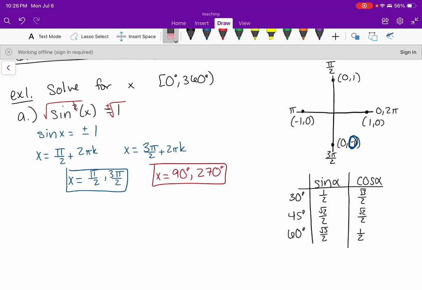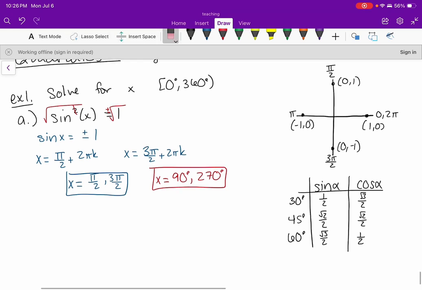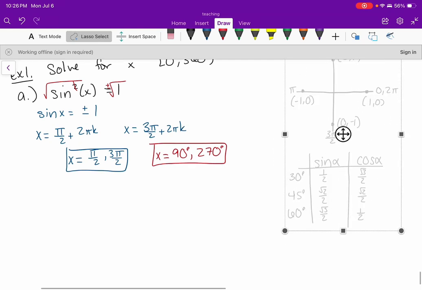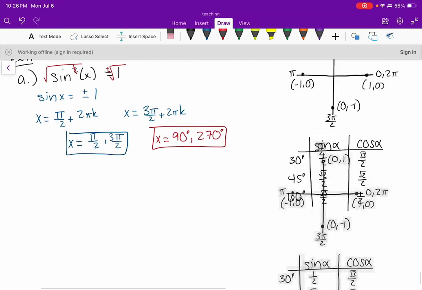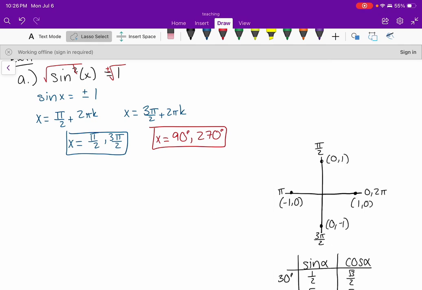Hopefully that wasn't too bad. You just had to square root. Let's do another one. Part B, let's do cosine squared x equals 1/4.